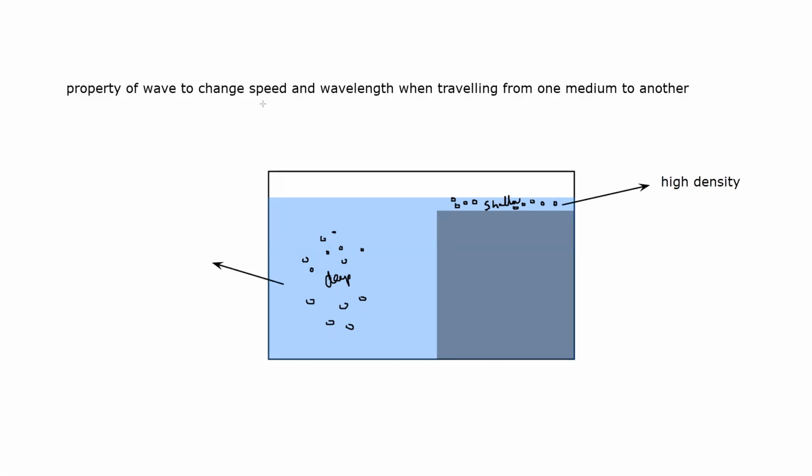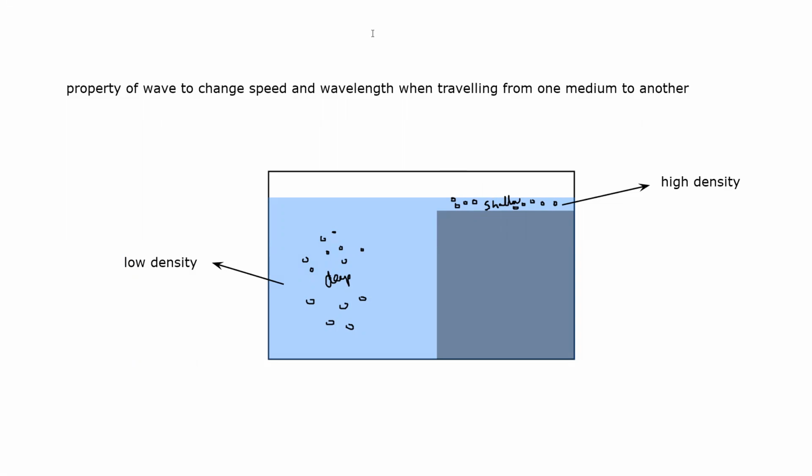And deep water has a low density. It's a comparison, the difference is very small, but because small space is available, particles are relatively closer in a shallow region as compared to a deep region.